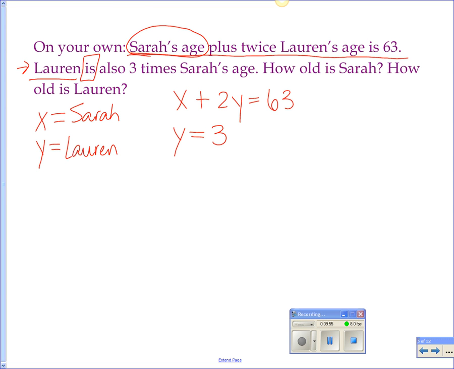What comes after the 3? So I can just put a dot. What letter is Sarah's age? What letter is Sarah? X. All right, that is your second equation, y equals 3x.